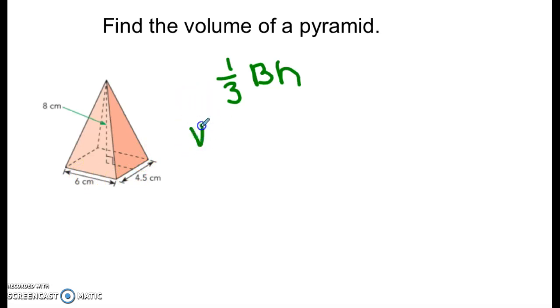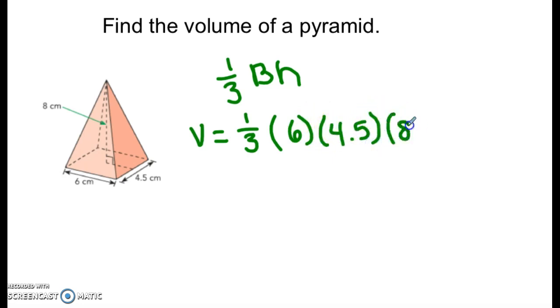So the volume is going to equal 1/3 times the length, which is 6, times the width, which is 4.5, and then times the height, which is 8. Put that into your calculator. We get 72 centimeters cubed.